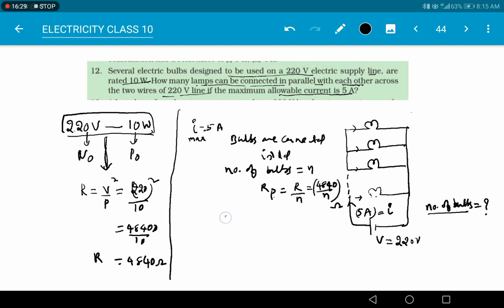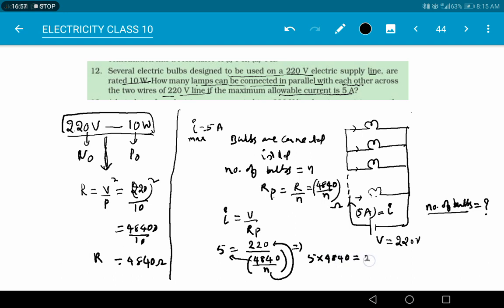So now let us use the formula. I is equal to V by Rp. I value is given 5, V value is 220, Rp value is 4840 by n. So this goes into the numerator after cross multiplying. So 5 into 4840 equals 220 into n.